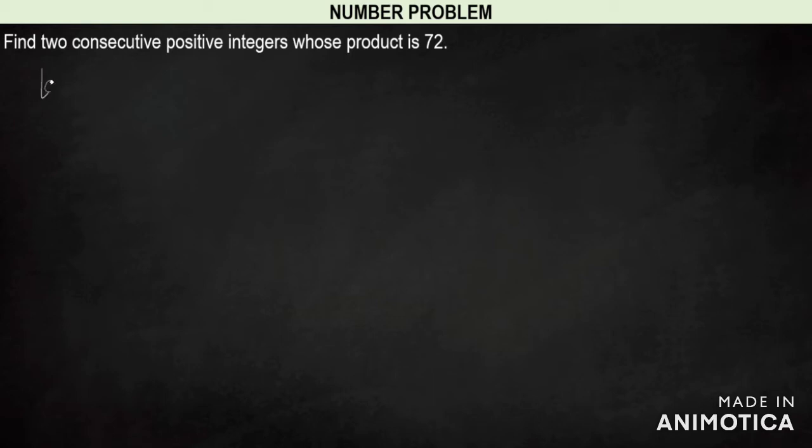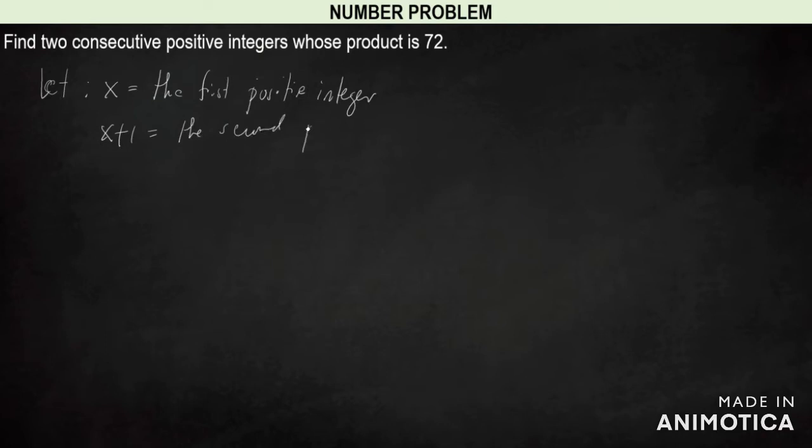We let x be the first positive integer, then we let x plus 1 be the second positive integer. Then after that, we are going to translate this into an equation.